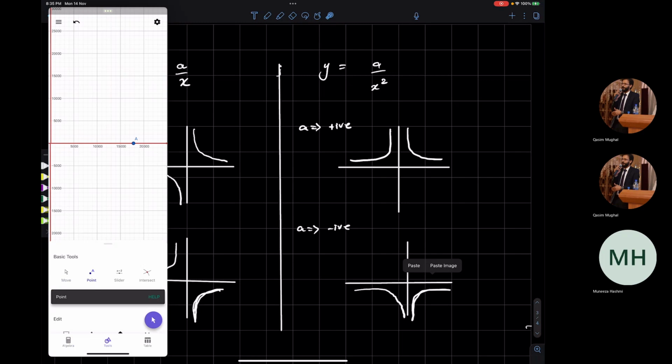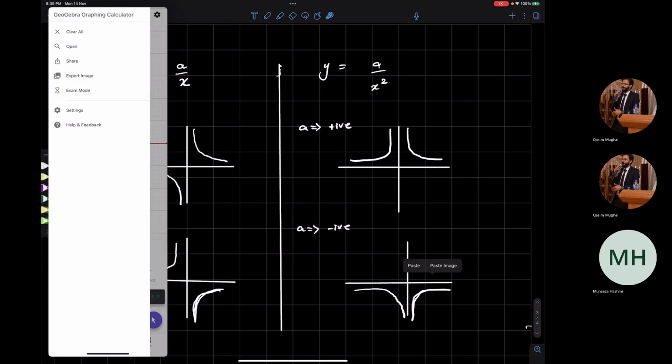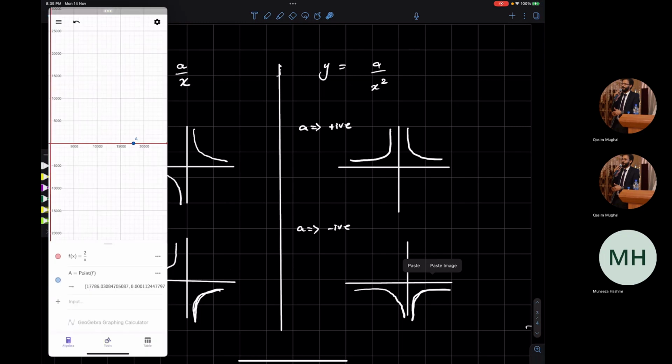Let's just say that's a random point here. And then if I go back to here, now you see that this point here is at 17,700 on the x-axis, but it's still positive, meaning it's above the x-axis, isn't it?